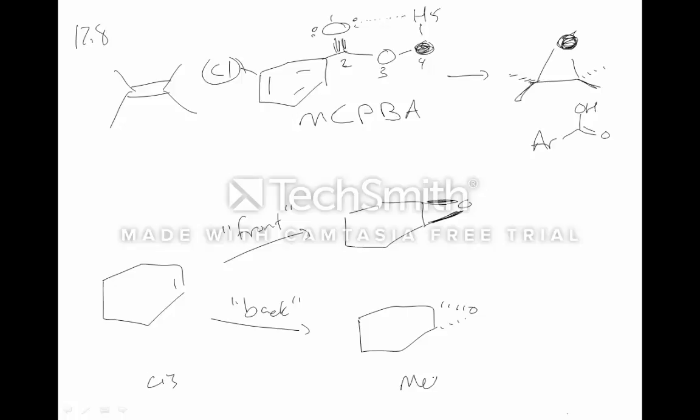Cis gives meso, but it's syn addition. The oxygen is being added to the same face, and we'll see this mechanistically. So in this case you get a meso product, but it's syn addition. I want you to look back at the bromonium. I'll mention that again in a second, but let's go over this mechanism.